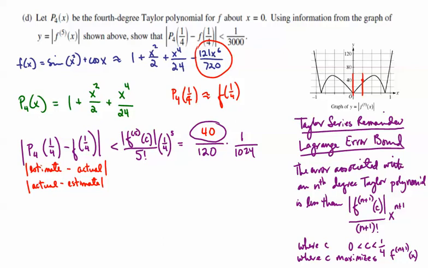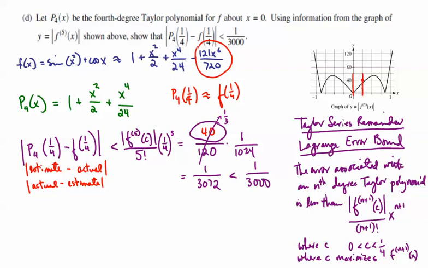for that derivative there. So the upper bound of the fifth derivative of x on the interval from 0 to 1/4 is going to be 40. And so when we put this together, this whole thing becomes 1/3, and 1 over 3 times 1024 is 3072, which is less than 1 over 3000.